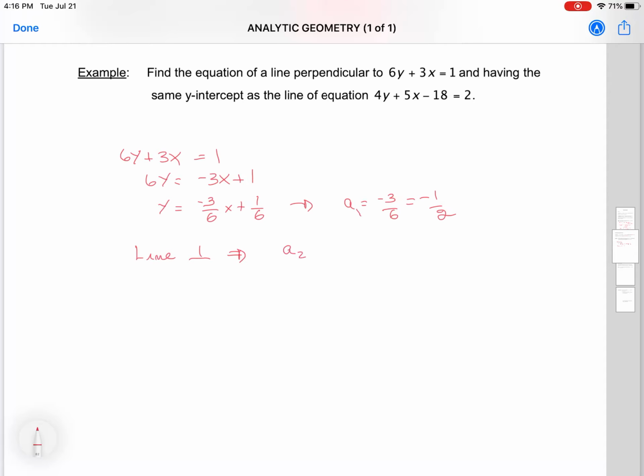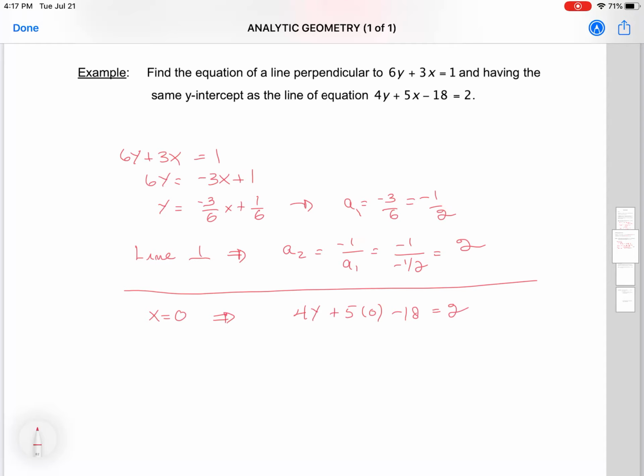So the line that is perpendicular will have a slope, let's call this a1 and this a2, of minus 1 over a1. That's minus 1 over minus a half, which is just 2. Now we have the slope of the line we are looking for. It also has the same y-intercept as 4y plus 5x minus 18 equals 2. So how do I get the y-intercept from the second line? I simply replace x by 0.